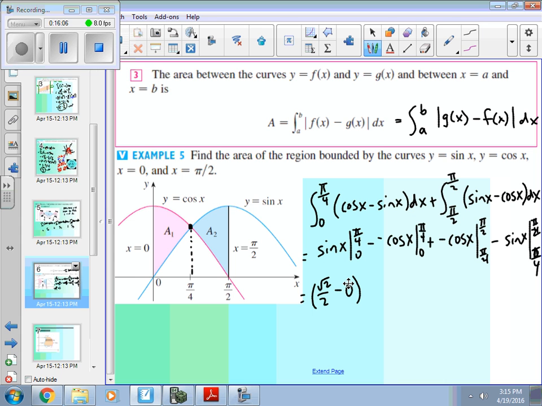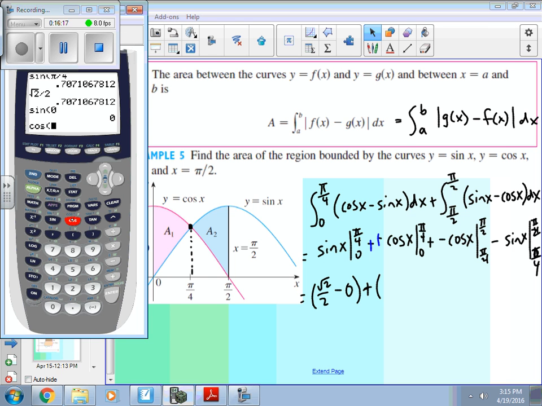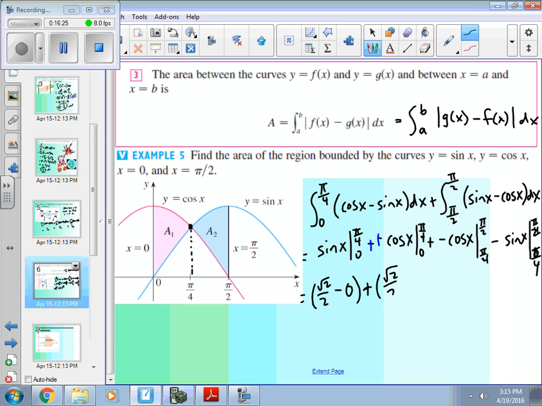Okay, next we got minus and negative here, so that's going to turn into a plus. Now we want to do the same thing. What do we get when we plug in cosine for these? Cosine pi over 4 is, looks like square root of 2 over 2 again. And then cosine 0 is equal to 1.